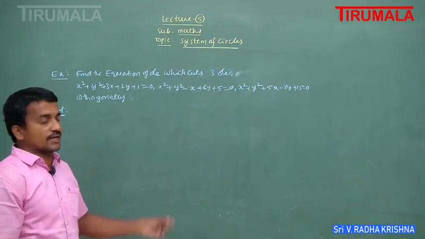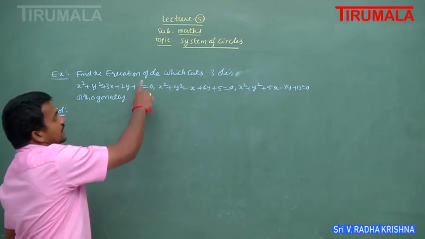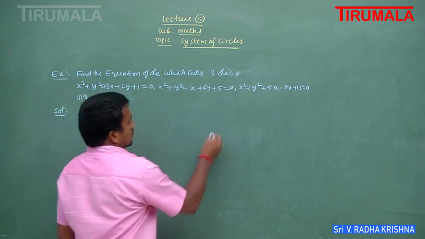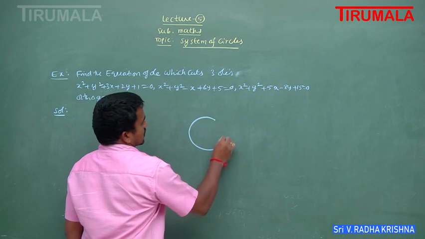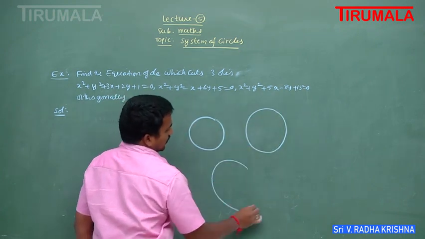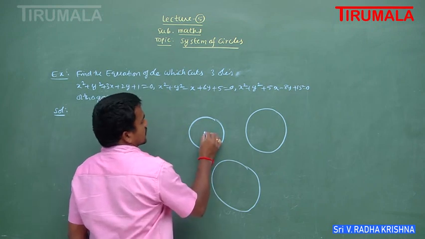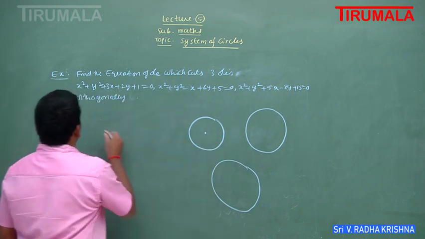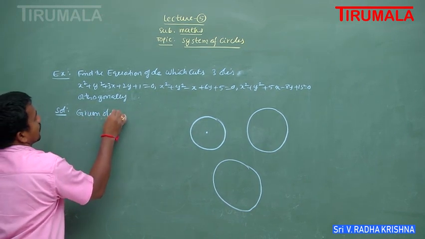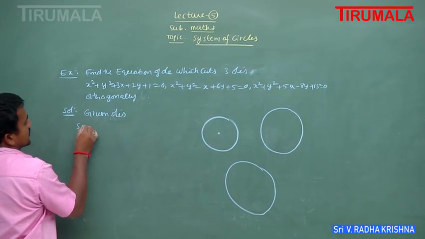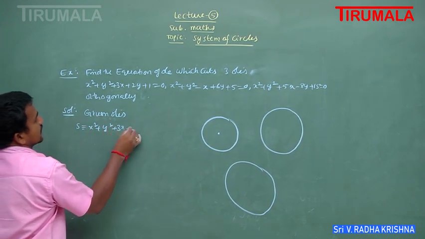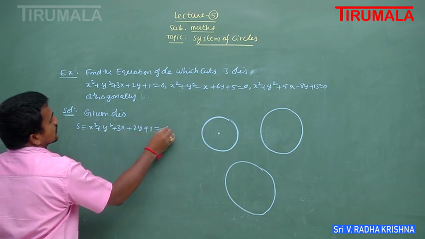Now the example is: find the equation of the circle which cuts the three circles orthogonally. So the rough diagram is, suppose three circles, centers may be non-collinear. The given circles: first one is S, x square plus y square plus 3x plus 2y plus 1 equal to 0.